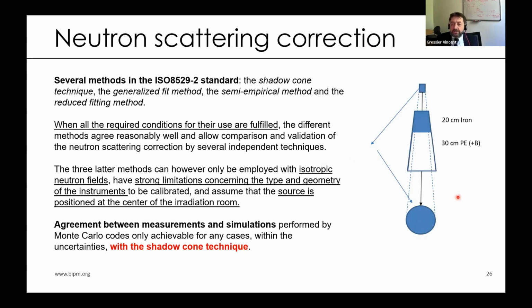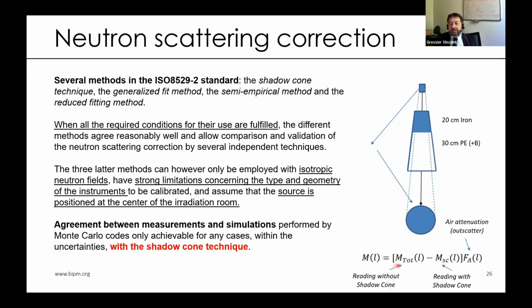The shadow cone is made of 20 centimeters length of iron, 30 centimeters of polyethylene, and can also contain some boron to increase the absorption capabilities of the polyethylene. It will stop the direct neutrons, but continue to measure the scattered neutrons. And if you simply take the difference between the reading made without this shadow cone minus the reading made with this shadow cone, then you have suppressed all the contribution due to the scattered neutrons.